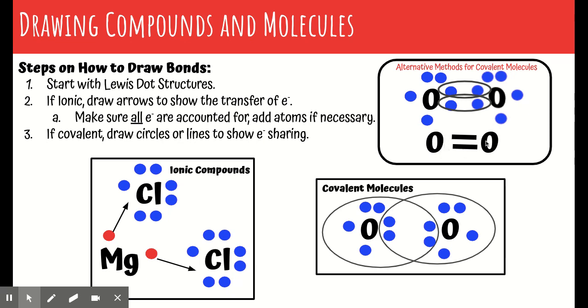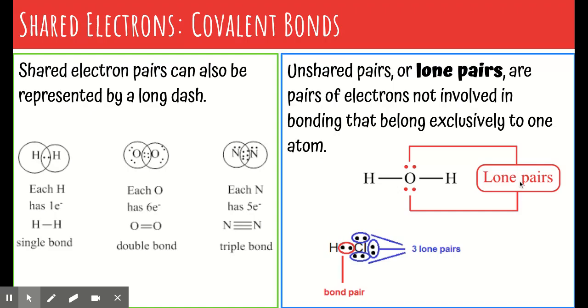So you have 2 oxygens and then you have a double dash, which represents a double bond. What these dashes represent is 1 electron over here and 1 electron over here. The dashes are in place of the circles with the dots. So you're just inserting these instead. That's how we're going to draw these out for our Lewis structures.